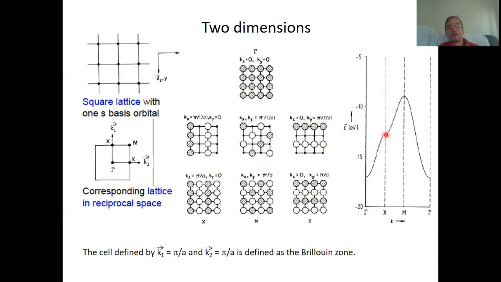And then the next step, we go from point x to point M. That means that we go from a non-bonding situation to an antibonding situation, the most antibonding situation possible. So we go further up in energy.